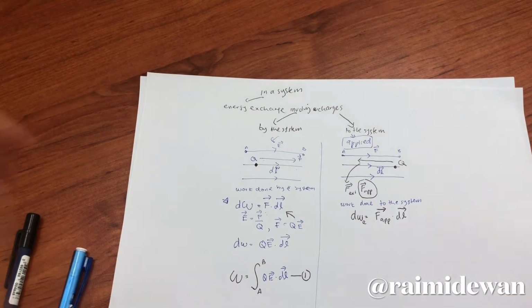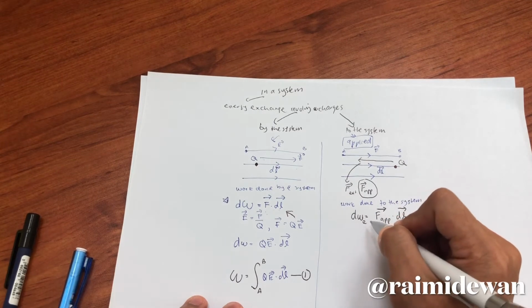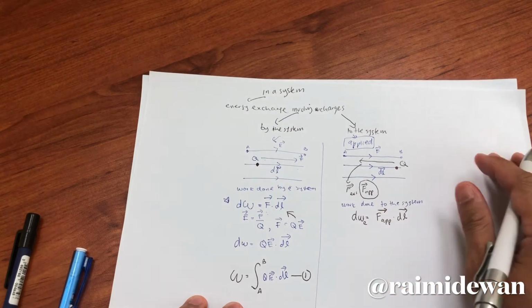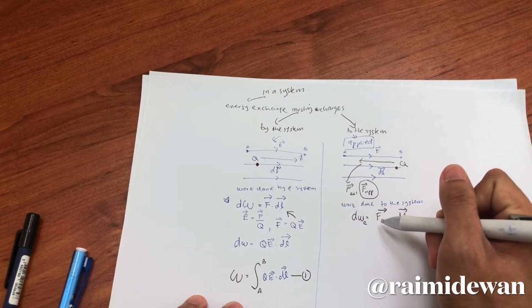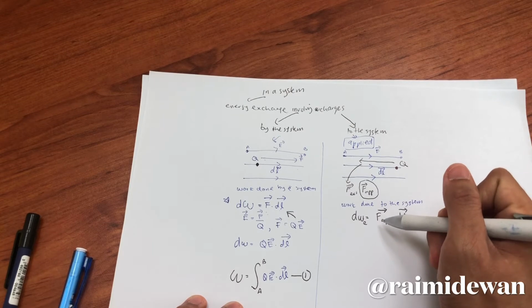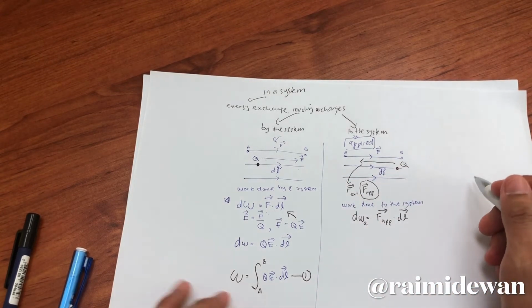So now we try to obtain our F. We try to replace this F with our E-related equation, the electric field intensity equation, just like this one.